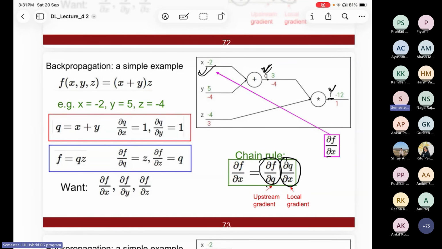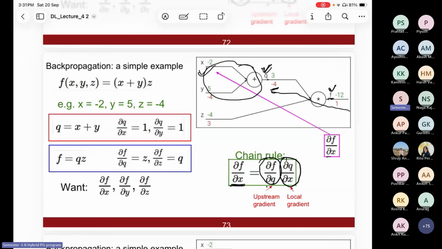Now del f by del q, whatever you are getting here, this is your upstream gradient, because it's coming from the right hand side. And then we have local gradient, because you have the local function here, and for that you are calculating del q by del x, and then you are just multiplying these two terms. That will give you del f by del x.